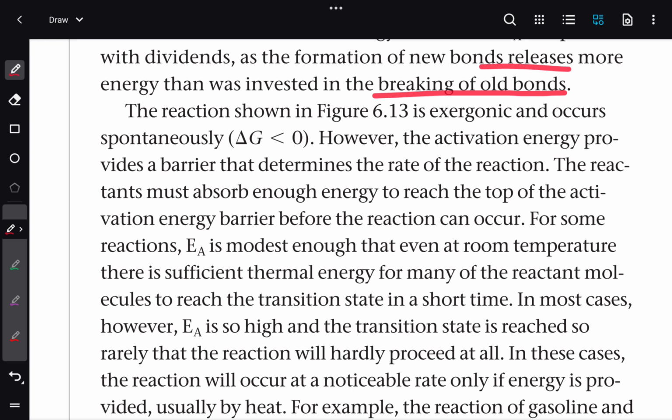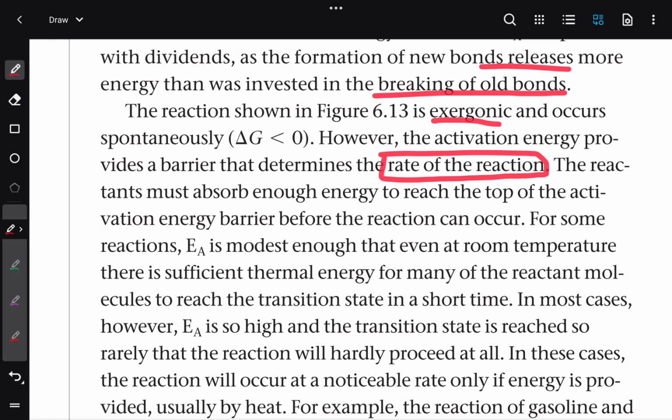Now, the reaction shown in the figure is exergonic. It occurs spontaneously, so delta free energy is negative. However, the activation energy provides a barrier that determines the rate of the reaction.